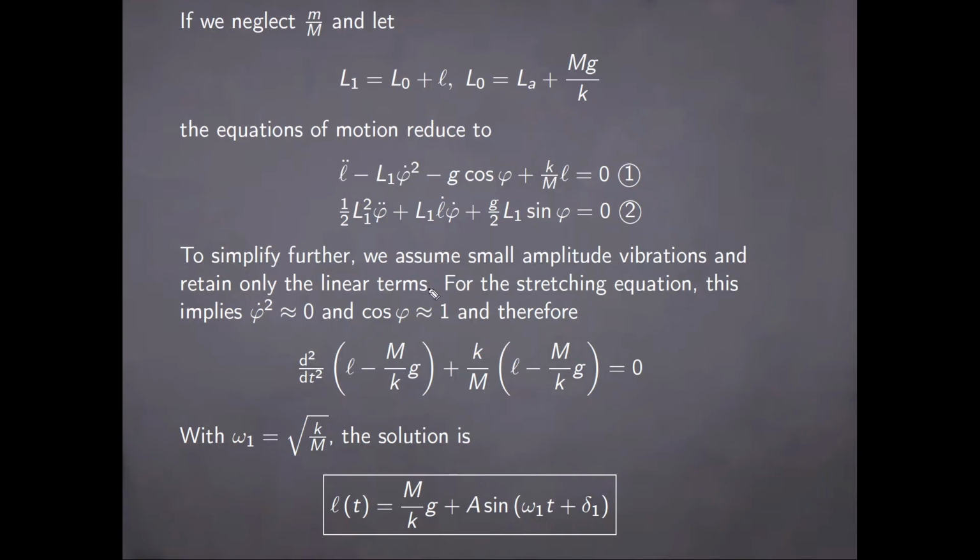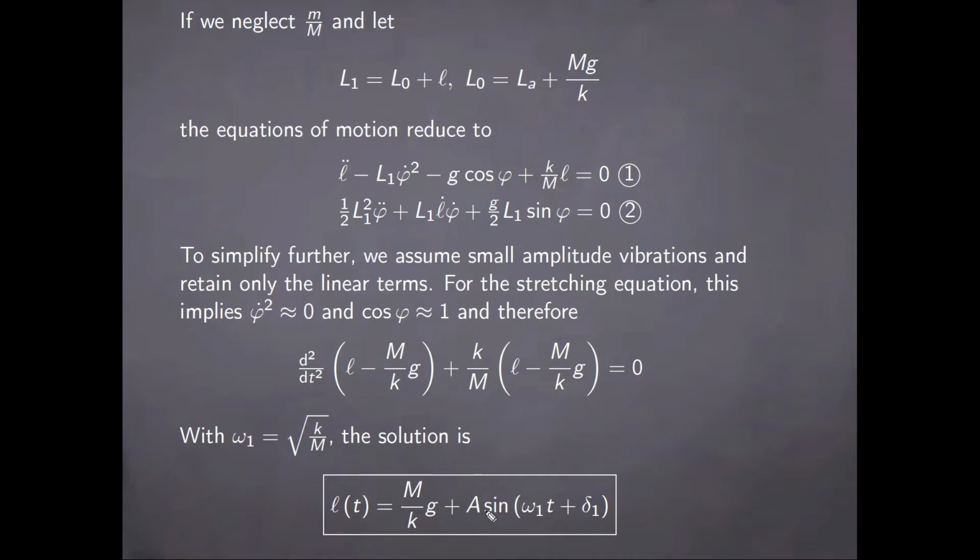For the stretching equation, this implies that we neglect the squared term here, and we are assuming that the angular motion is small enough that the cosine of phi can be approximated with 1. So this is just the first term of its Taylor expansion, and therefore equation 1 is reduced to the harmonic equation here, where for the frequency omega 1 being equal to the square root of k over m, the solution is the one given here.